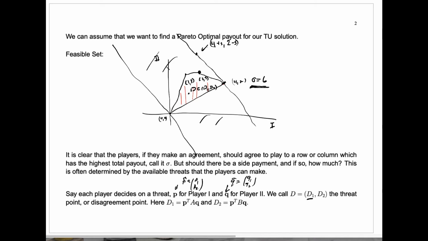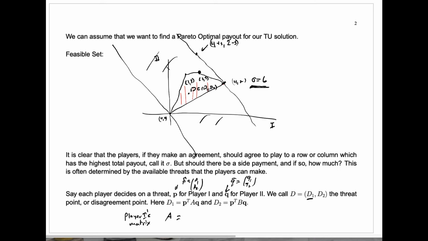Well, can we compute D1 and D2? Well, D1, of course, is just the payout for player 1 with these strategy choices. That's just P transpose AQ, where here A is player 1's matrix. In other words, the matrix for player 1's game. What is that matrix for player 1's game?